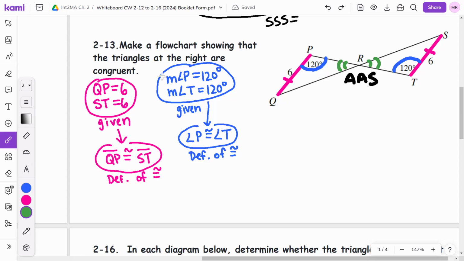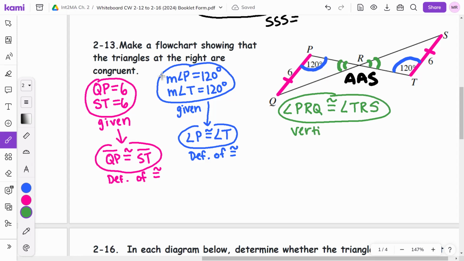In this situation, I'm going to say PRQ is congruent to angle, and in the other triangle, P corresponds with T, R corresponds with R, and so that's going to leave S here. The reason we are saying this is because vertical angles lead to congruence, okay? They're congruent.